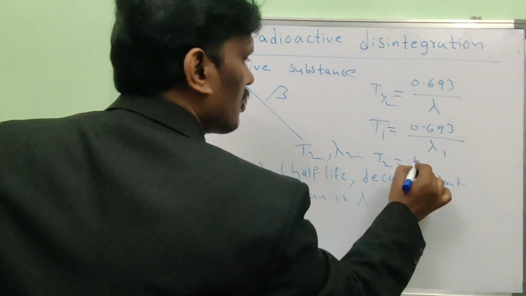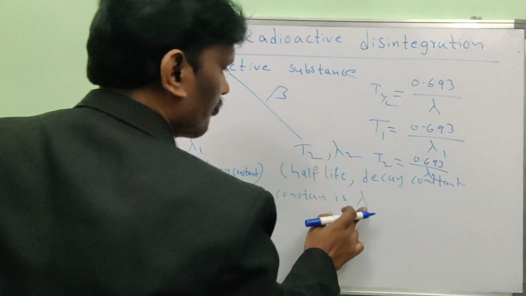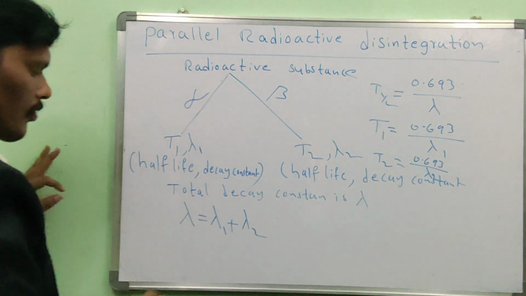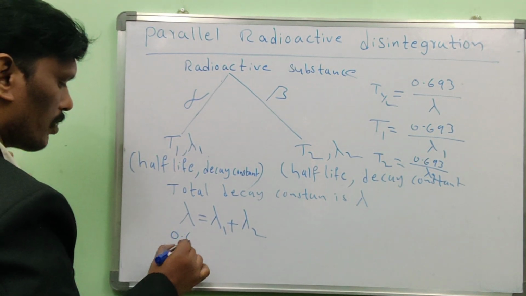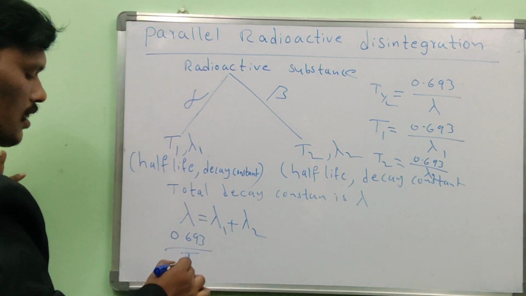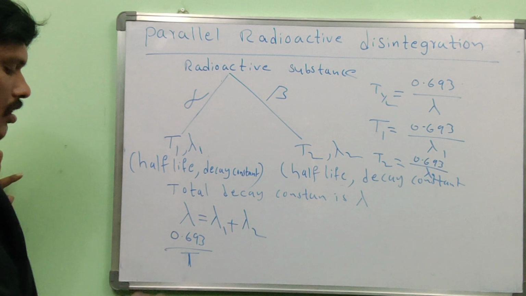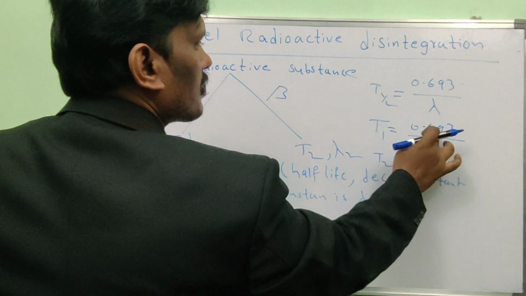That is nothing but 0.693 by its decay constant lambda 2. Now lambda means simply 0.693 by T. What is T? The effective half-life or average half-life, as we call it. What is lambda 1 from here? T1 is equal to 0.693 by lambda 1.